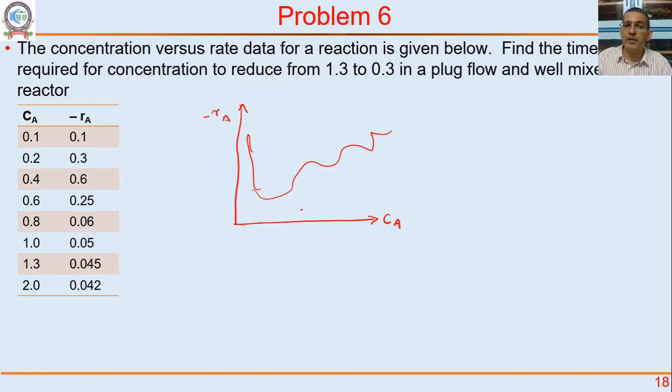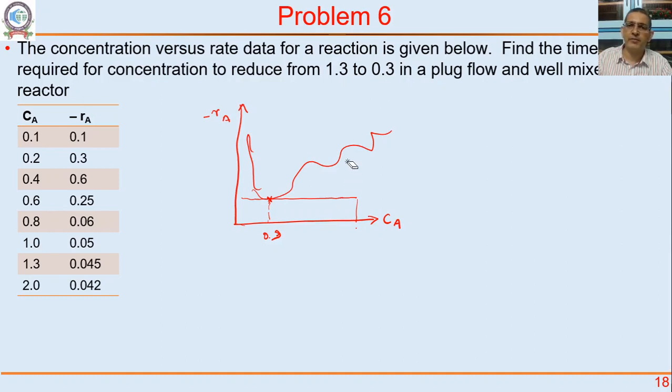Well mixed. What do we mean? At the exit concentration, what do we have to do? At the exit concentration, this is the Ra. Let's say Ra at Ca equal to, let's say, 0.3. So 0.3 is here. Ra is this value. And for a well mixed reactor, Ra is constant, same throughout, whether it is inlet or outlet, whether at the entry or exit, Ra is the same.